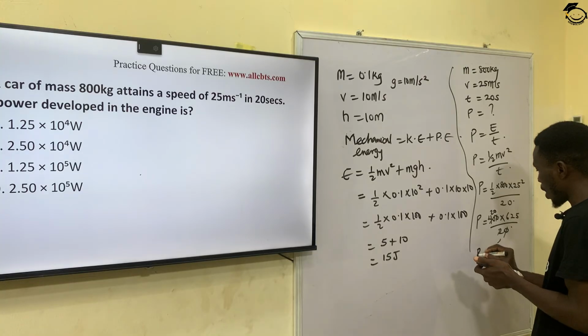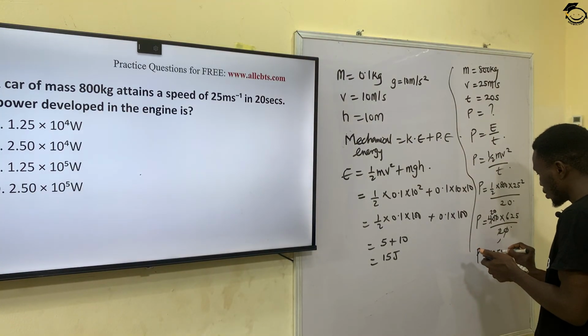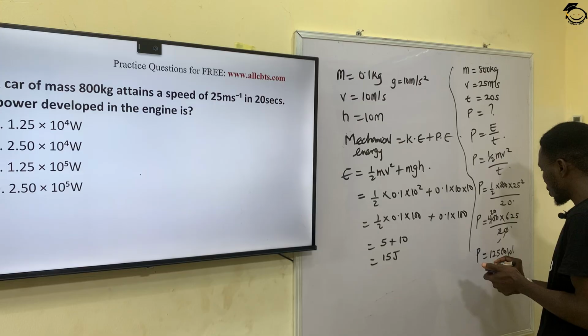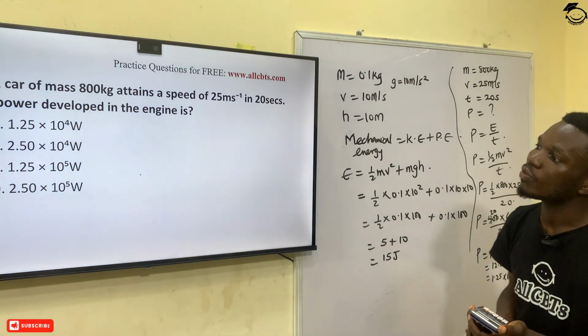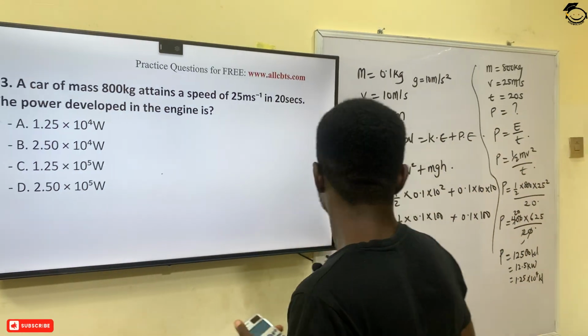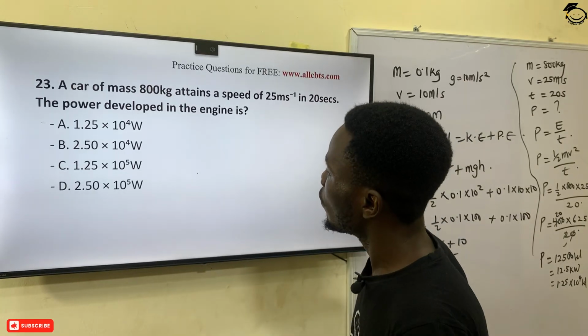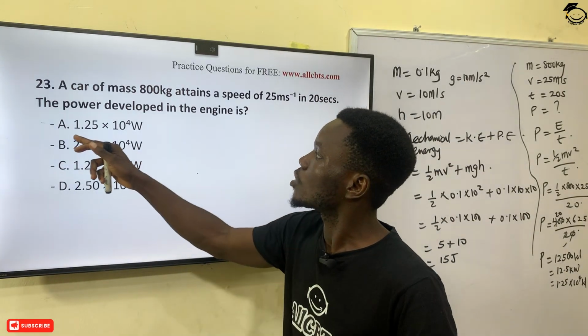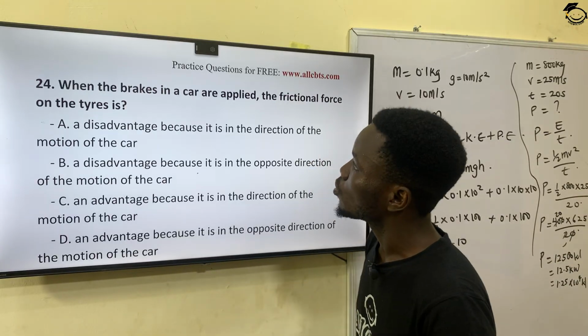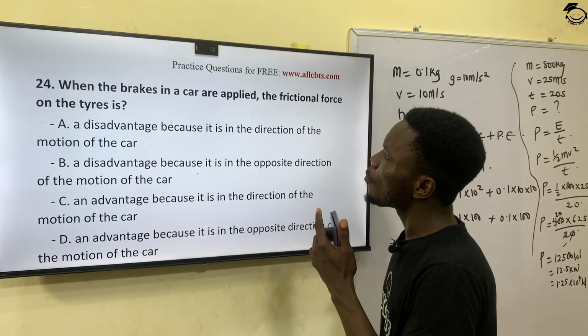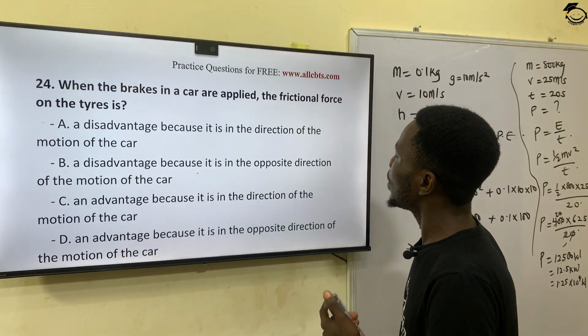And that will give me that my power is 12500 watts, which is the same as saying 12.5 kilowatts, or you can simply say 1.25 times 10 raised to power 4 watts. So let's look at our options. So we have 1.25 times 10 raised to power 4 watt, which is option A.